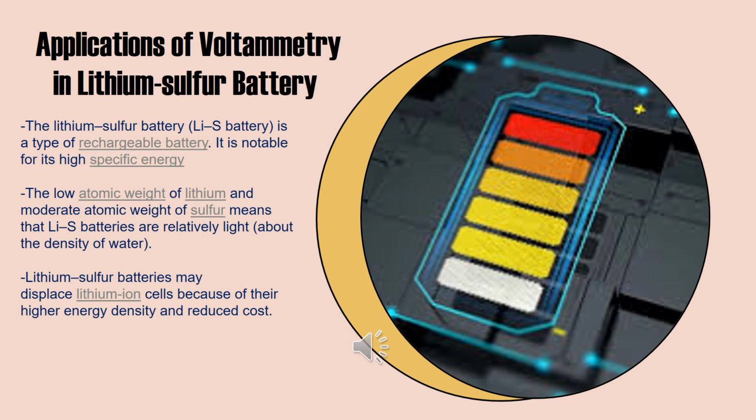Lithium-sulfur batteries may displace lithium-ion cells because of their higher energy density and reduced cost. This is due to the use of sulfur instead of cobalt, a common element in lithium-ion batteries.